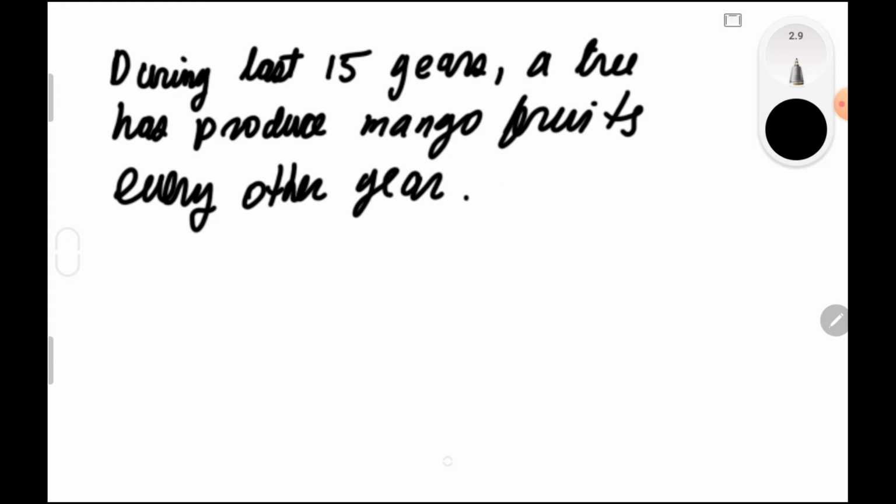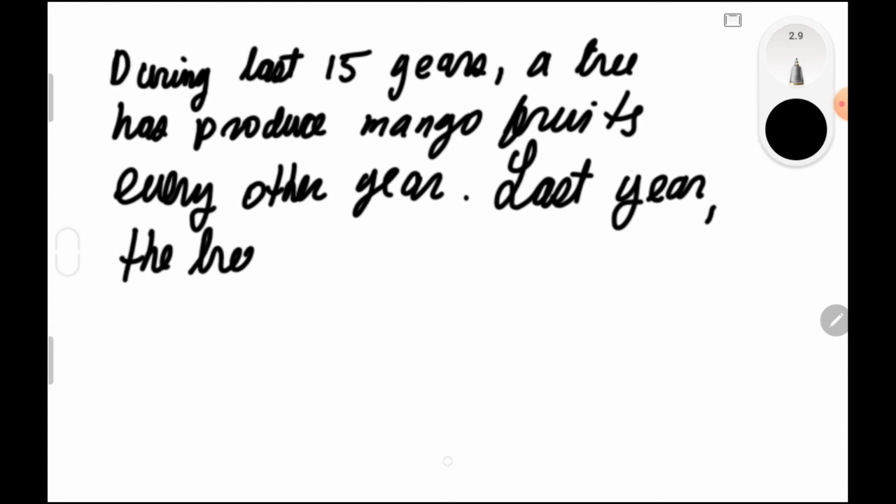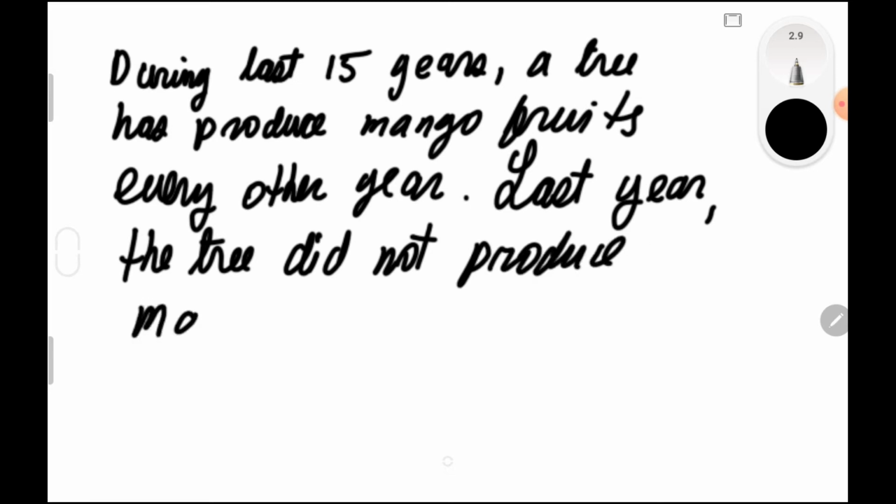Last year, the tree did not produce mango fruits. So, this year, the tree will produce mango fruits.